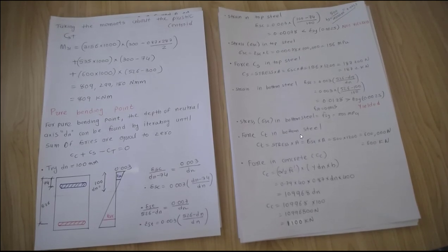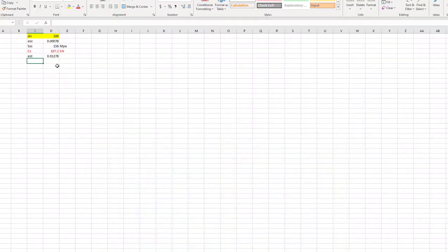We calculated 0.0128, so that is okay. Now we know the stress is 500 megapascals. So let's put the steel stress as 500 megapascals. The force Ct was equal to that stress times the area, and let's divide by 1000 to get it in kilonewtons.